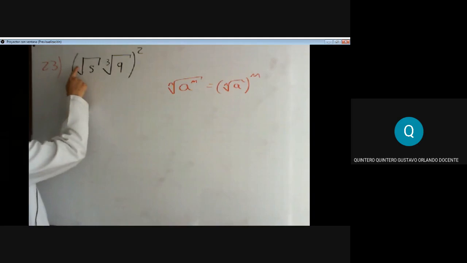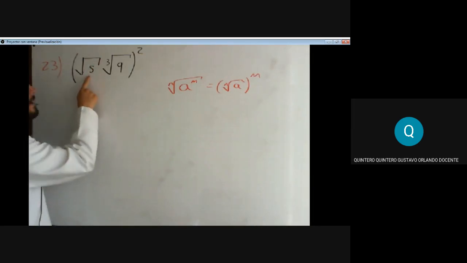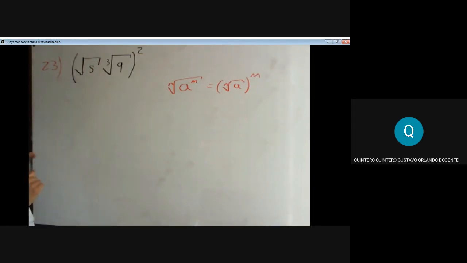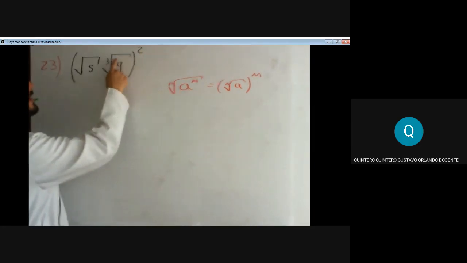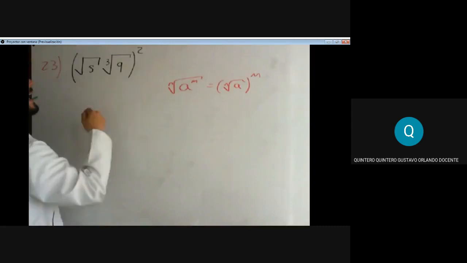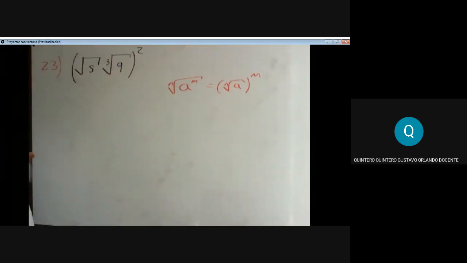Because here is a square root, by having the 2 as an exponent and the 2 as a root, we can cancel those and the final answer will be 5 for this part. And by doing the same with the second, we can make this 9 into an 81. And the cubic root of 81 is a lot easier to find.